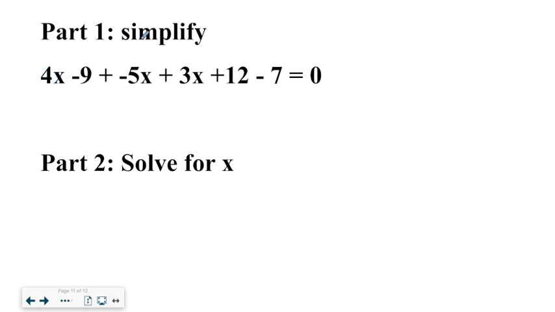So, simplify. Well, if we look here, I'm just going to underline all my x's. Okay. Well, so 4 minus 5, well, I'll have negative 1x, plus 3, I'll have 2x. Then right here, well, let's square our numbers.